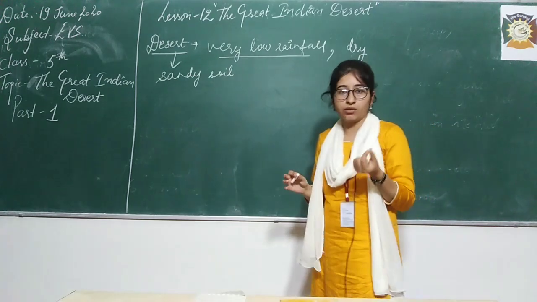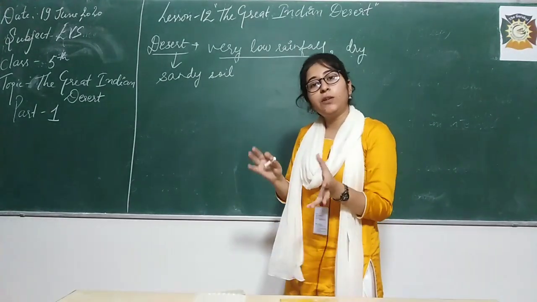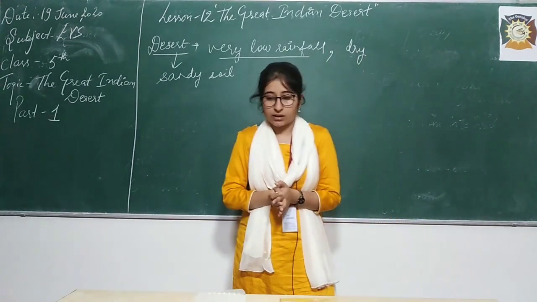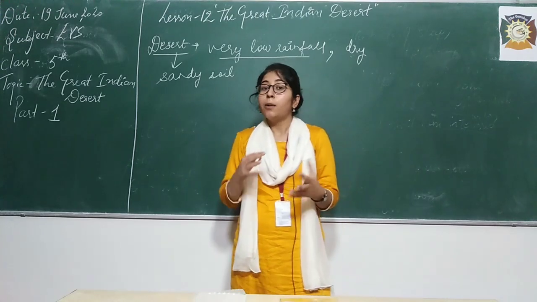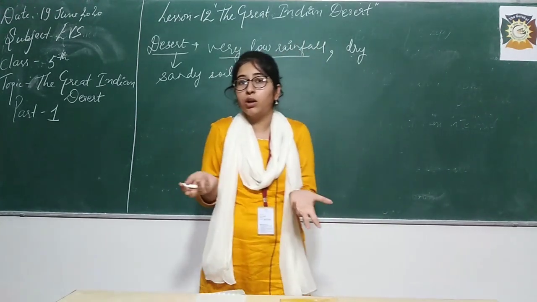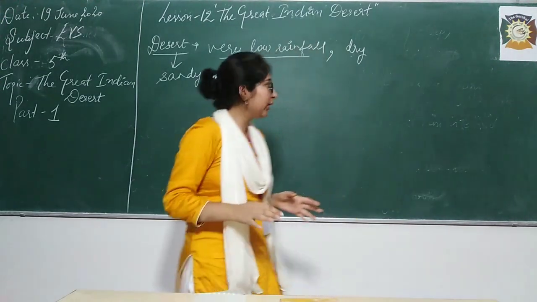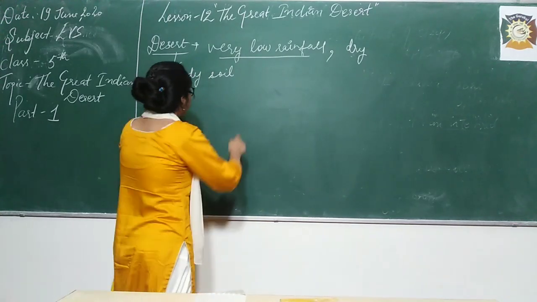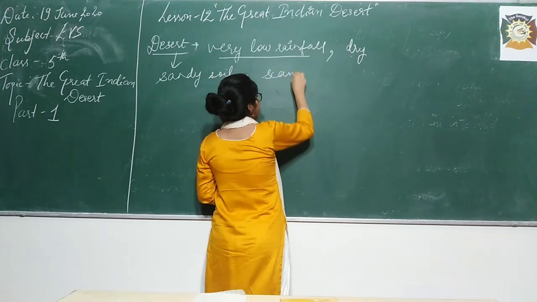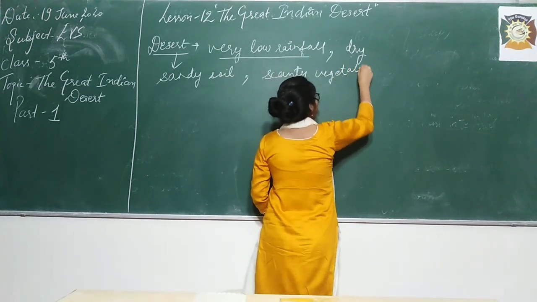Means retili. Now I told you that the rainfall is very less, so the area is dry, but it also makes the soil infertile. The soil is not good because rain is not there, so there are not many crops. So we say that this area has scanty vegetation.